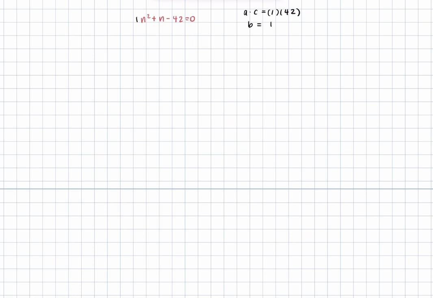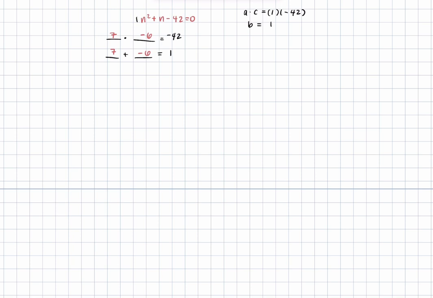So we set up our table: two numbers that multiply to -42, and the same two numbers that add up to give you 1. This is -42, sorry about that. So this is going to be negative, and we should have 7 and -6.